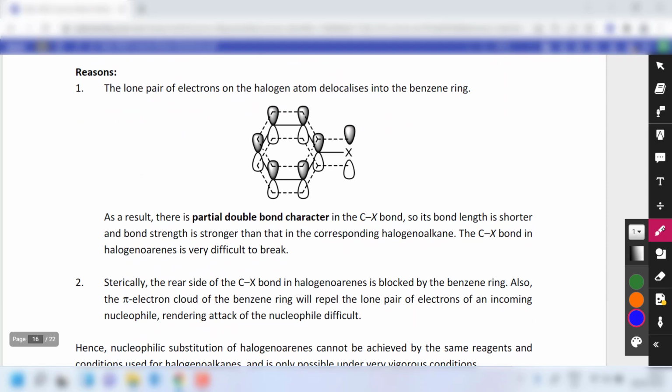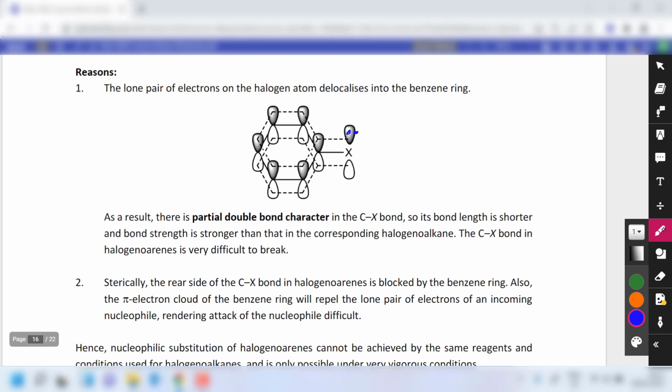The first reason is due to the partial double bond character. Remember that all the halogens, whether it is fluorine, chlorine, bromine, or iodine, contain lone pairs of electrons, and one of them lies in the p orbital. So this lone pair will be delocalized into the phenyl ring.